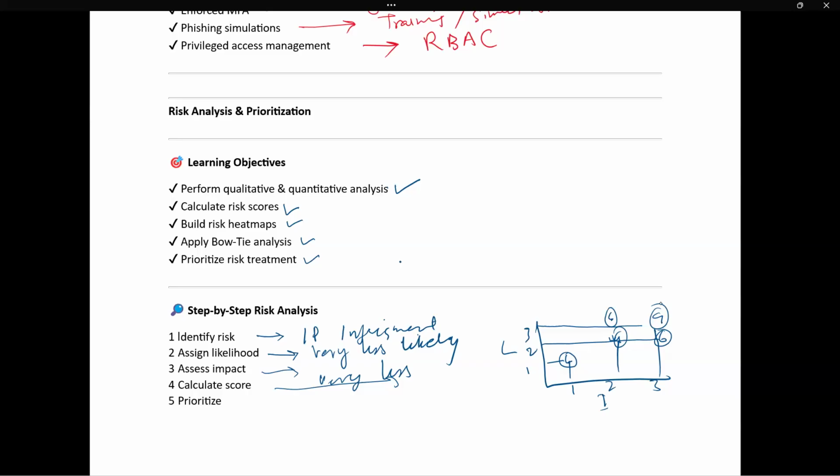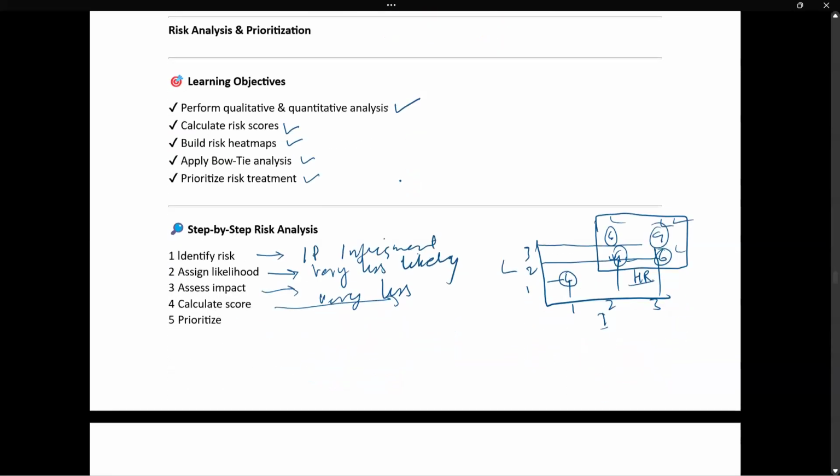So these scores like 9, 6, 6, 4, these risk scores are falling into high risk. This area is high risk. So you are going to work on these risks first. Then in the last you are going to work on the very low risk. So this is how we prioritize.